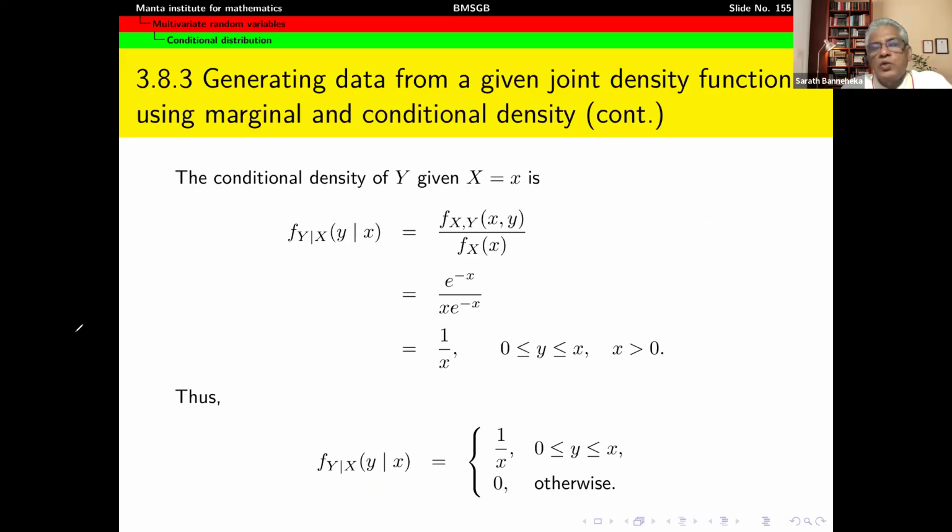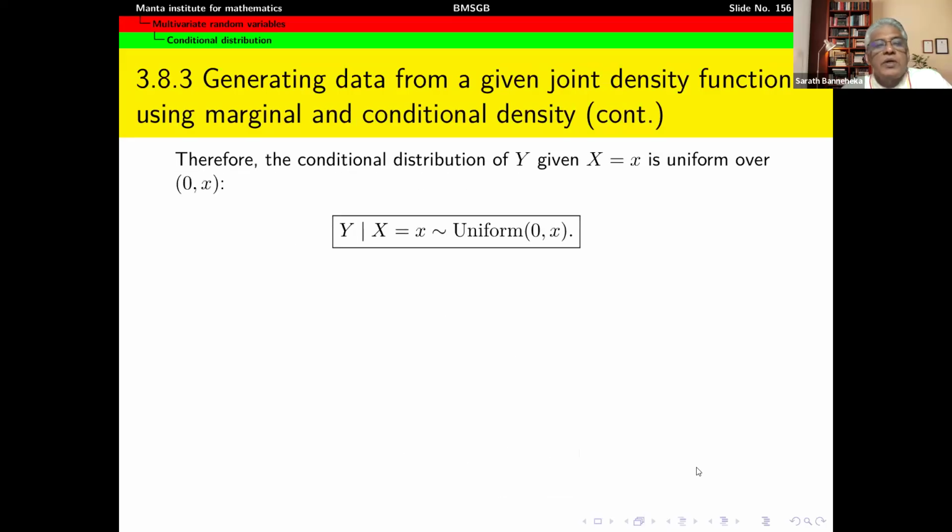It's okay to not know the name actually, but in this case we know the name of the distribution, in both marginal and the conditional. But of course, we don't need to know the name. It's enough to have the formula in general. So y given x has a uniform distribution on 0 to x.